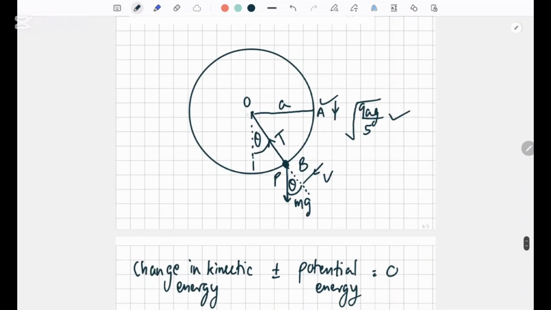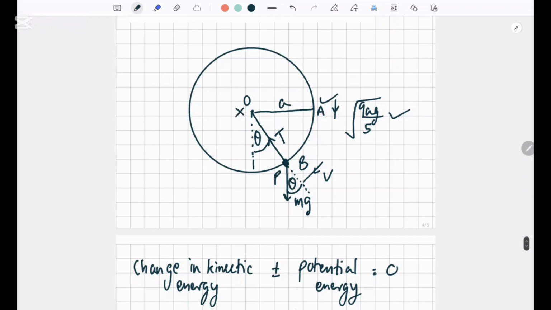So it started here, and we need the horizontal height. It ends here. If the radius is a, then this distance is a cos theta.